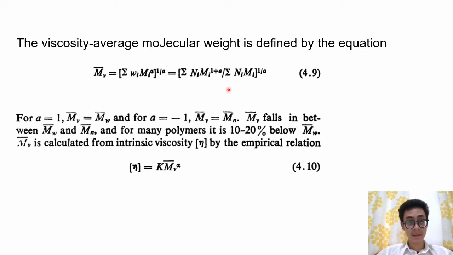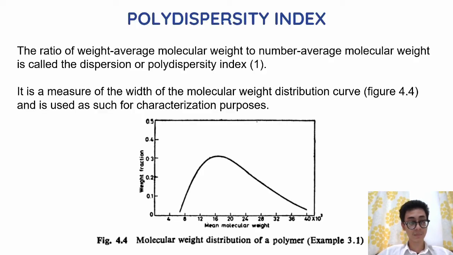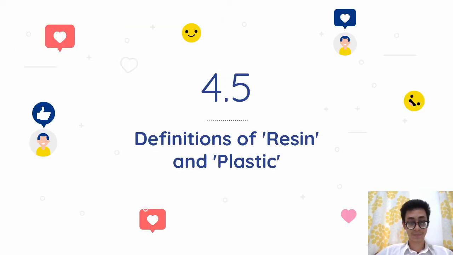Polydispersity index, the ratio of weight average molecular weight to number average molecular weight, is called the dispersion or polydispersity index. It is a measure of the breadth of the molecular weight distribution curve, like figure 4.4, and is used as such for characterization purposes.